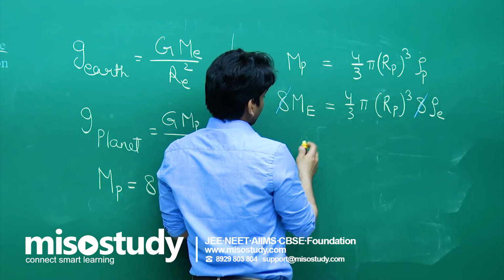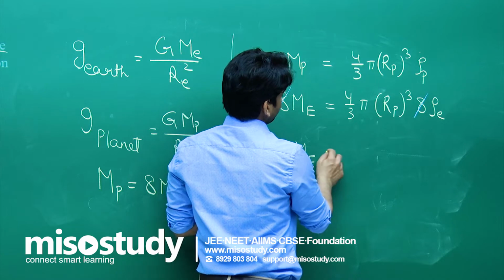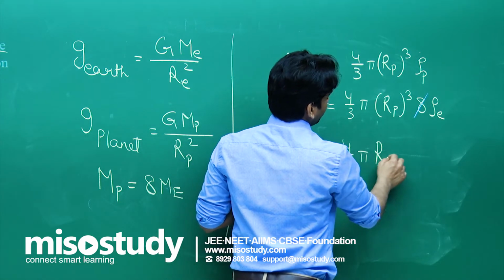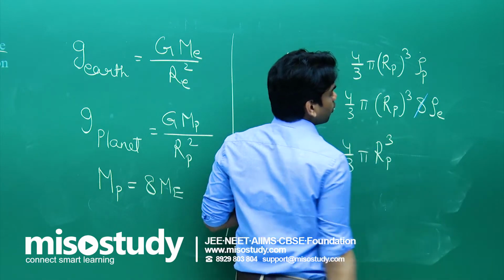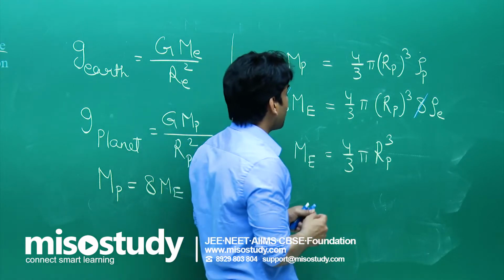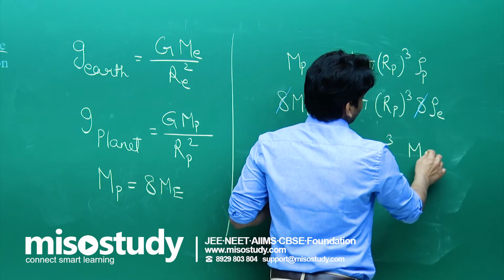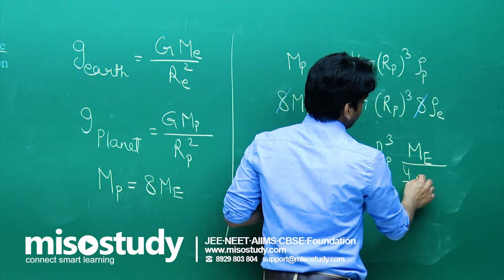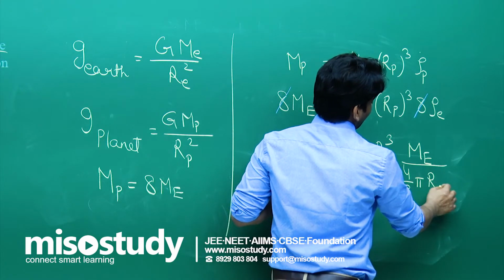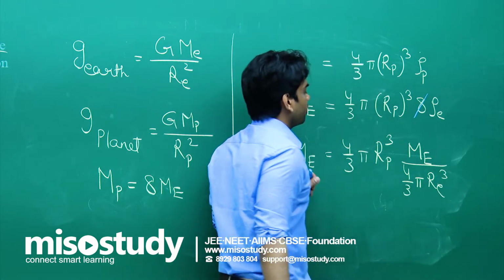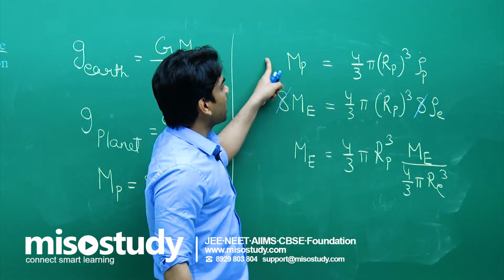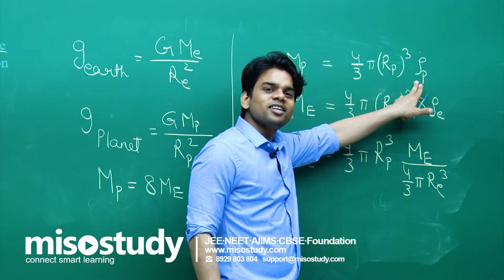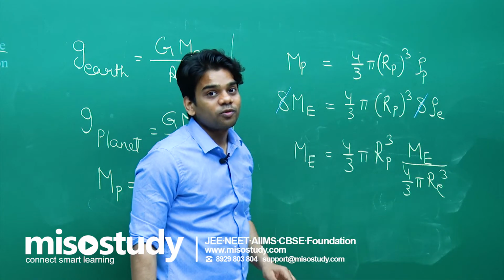We will have mass of Earth is equal to 4 by 3 pi r_p whole cube times rho of Earth, that is mass of Earth divided by its volume 4 by 3 pi r_e whole cube. This is what we know, because mass of planet is 8 times the mass of Earth and the density of planet is also 8 times density of Earth. This is what we can note down.